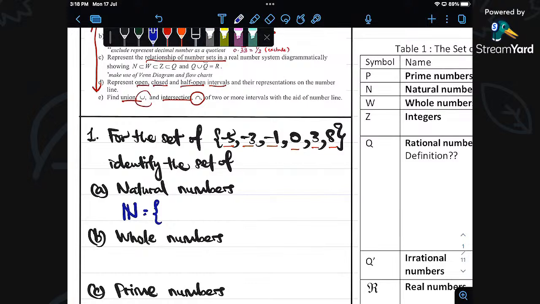So the natural numbers are just 3 and 8. While the whole numbers is the same thing as the natural numbers, it is just that we have the number 0 there. Whole numbers include 0.